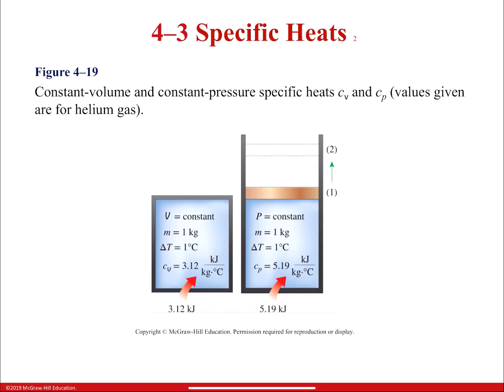Specific heats, as we were just talking about, CV and CP, are always important in order to develop exercises when we are given ideal gases. Constant volume and constant pressure, CV and CP values are given for helium gas right here. And I want you to know something.